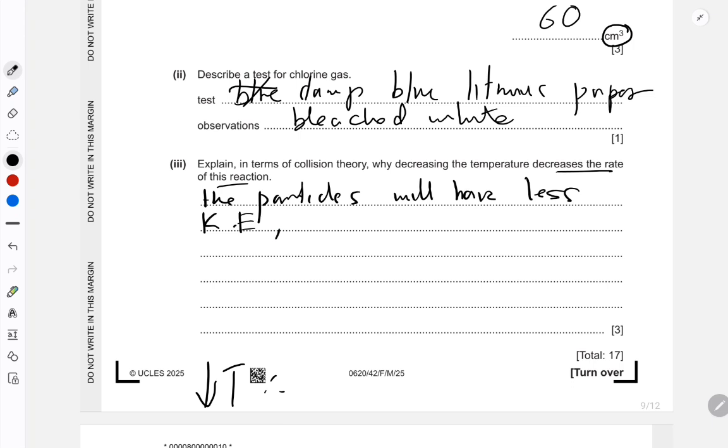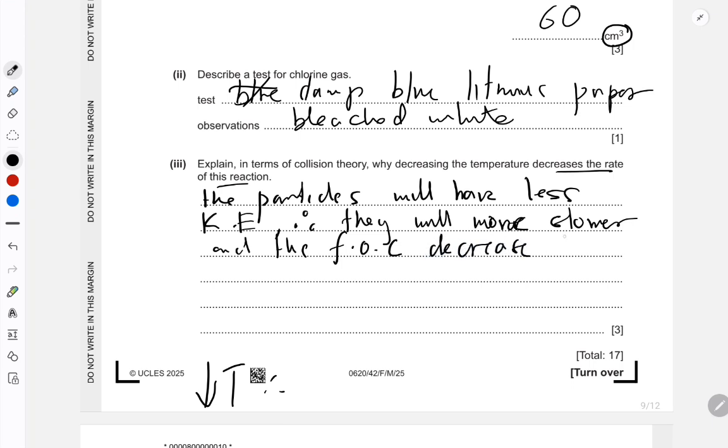I'm too lazy to write. You write. The particles will have less kinetic energies. Therefore, they will move slower, and the frequency of collision decreases. Therefore, rate of reaction, you say the full thing, decreases. But that's only 2 marks.